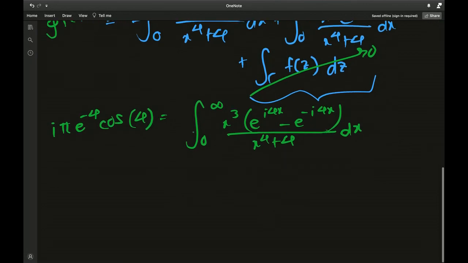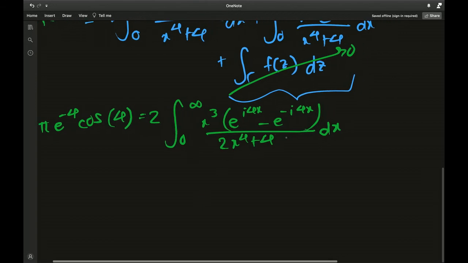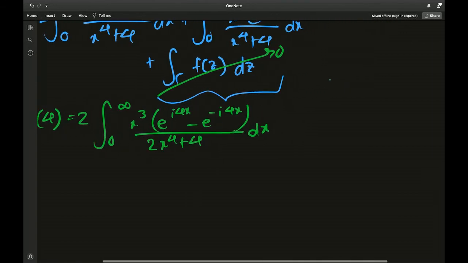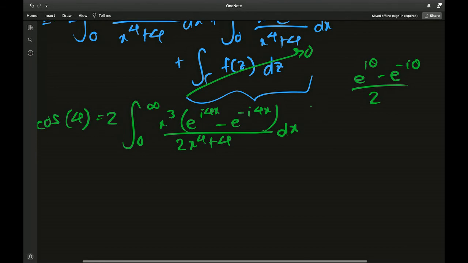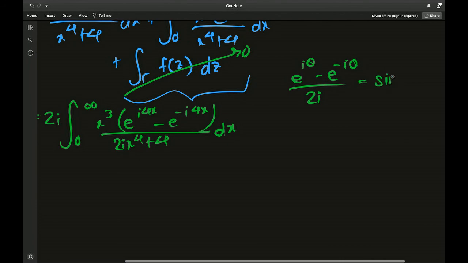Now I would like to divide and multiply by 2, because this difference of exponentials, e to the i theta minus e to the negative i theta over 2, and I'll divide by i as well, over 2i, is precisely sine of theta by Euler's identity.